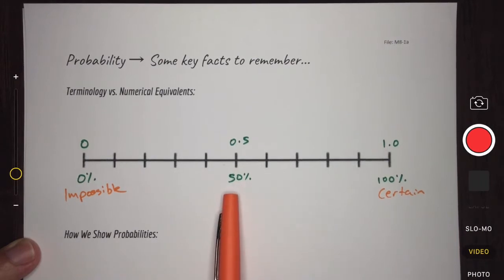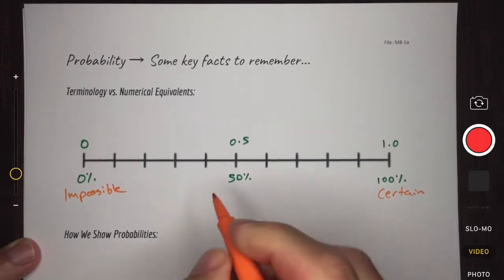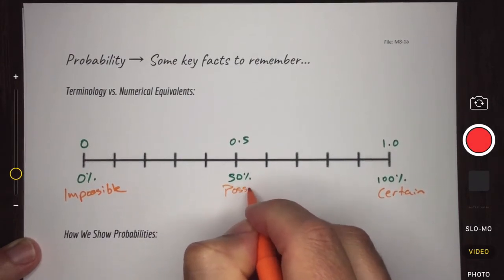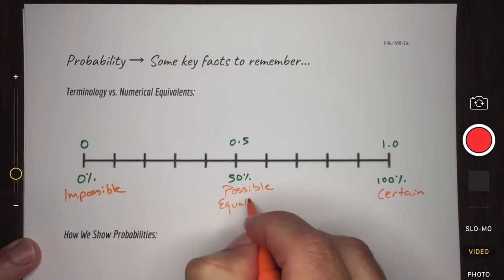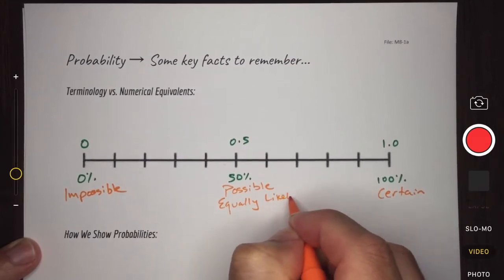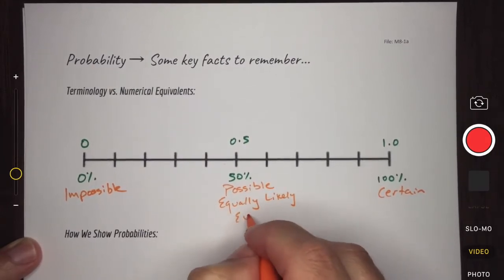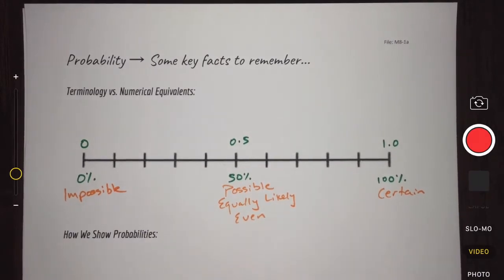If we think about 50% or halfway on our number line, words that we can commonly use are things like possible, equally likely, or even.